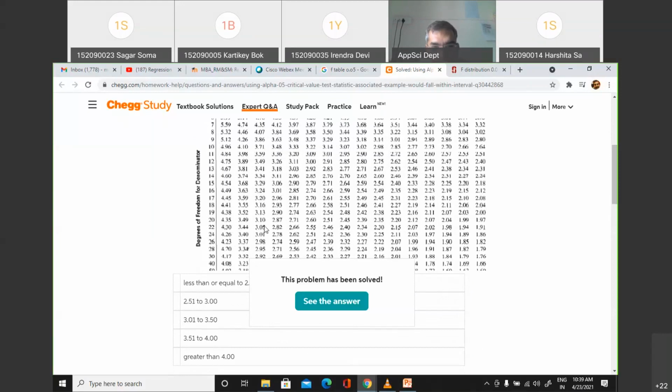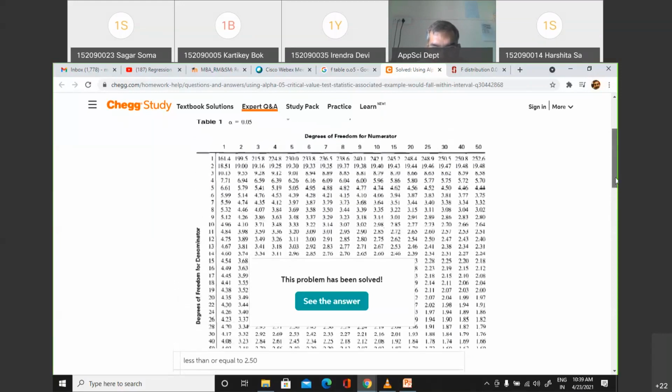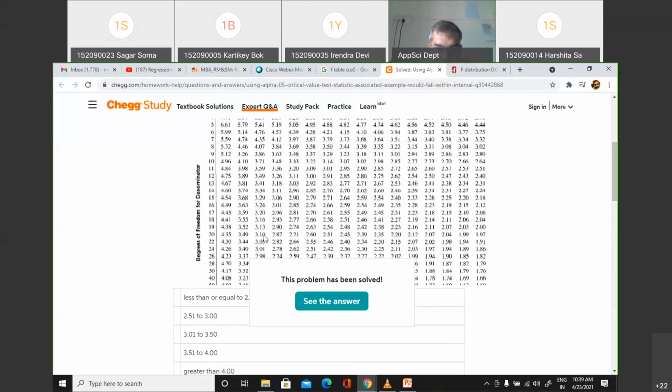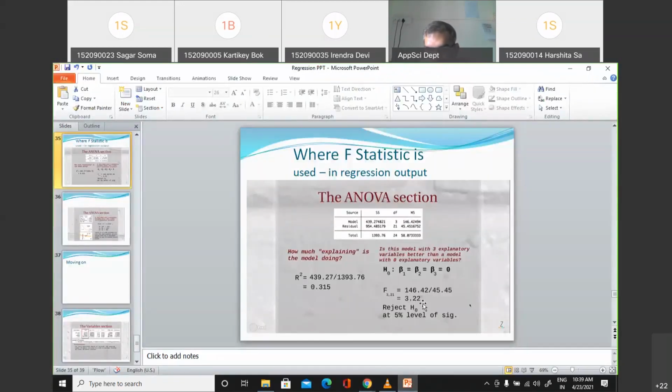Okay, this is odd, but we get a somewhat near value. If we take the value for 22, it is around 3.05. Similar value we have 3.22. Yeah, so the actual value is 3.22.